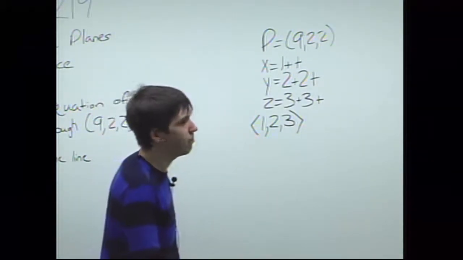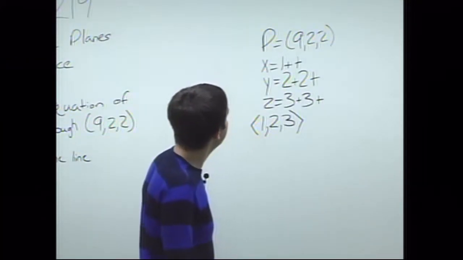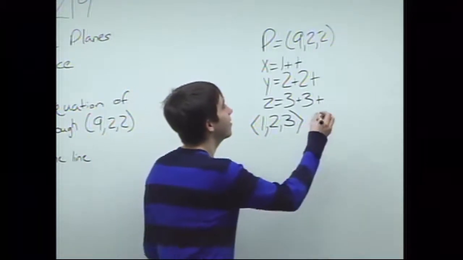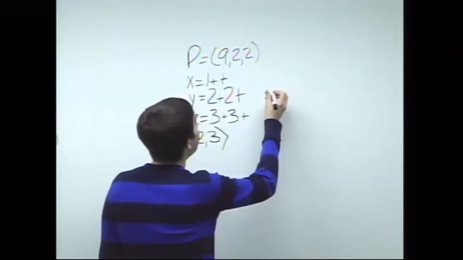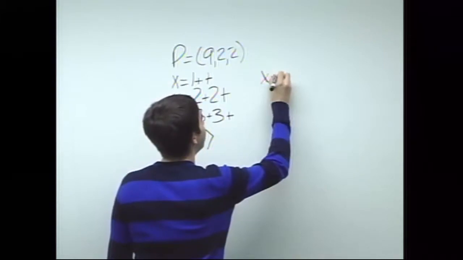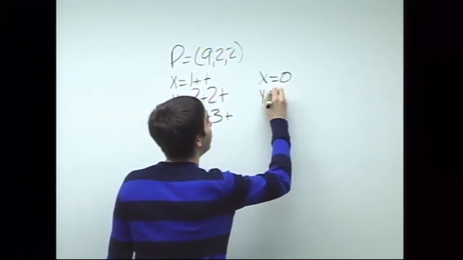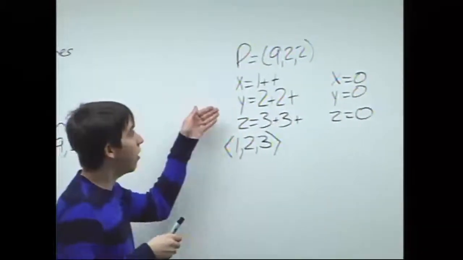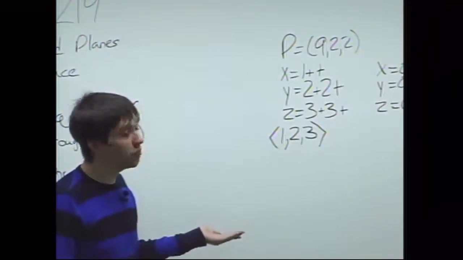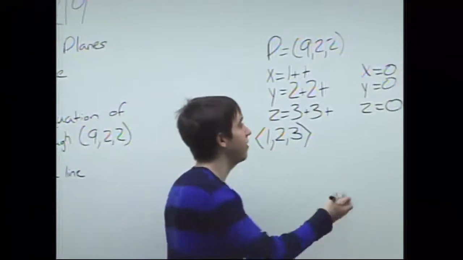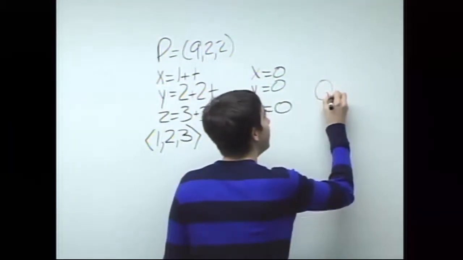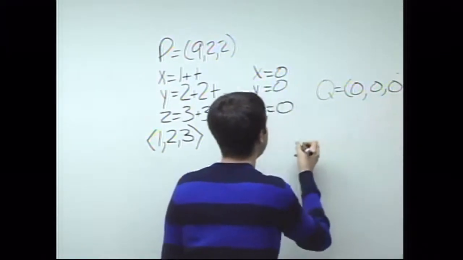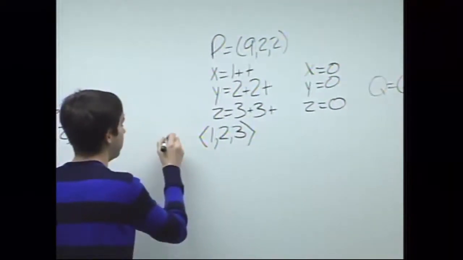If we plug in t = 0 arbitrarily... actually, I'm going to plug in t = -1 because that gives a nice result. With t = -1, x = 0, y = 0, z = 0. So this is a point on our line, and this point has to be contained in our plane. So Q = (0, 0, 0).